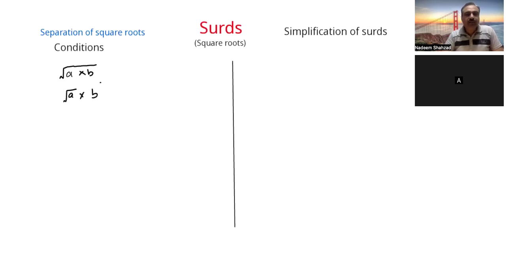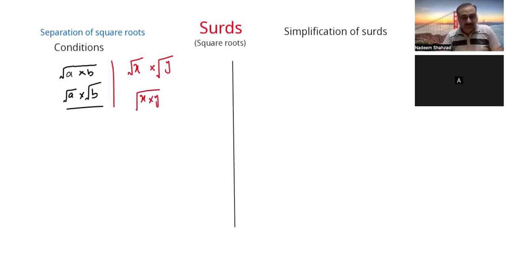Are you getting this? It means if we have two or more terms in multiplication, we can separate their roots. On the other hand, if we have the roots in separate form, just like square root of x times square root of y, then in multiplication we can also combine their roots. We can write them as x times y, the whole square root.